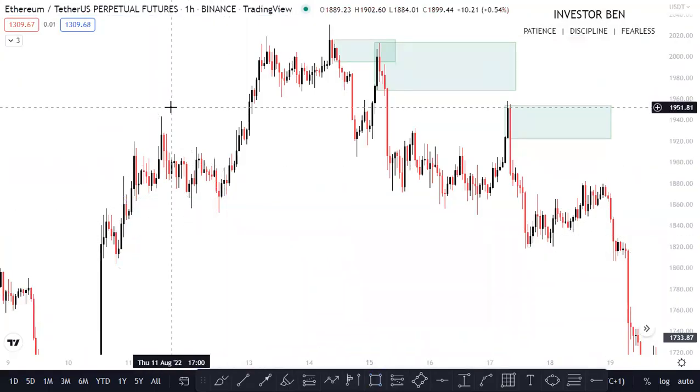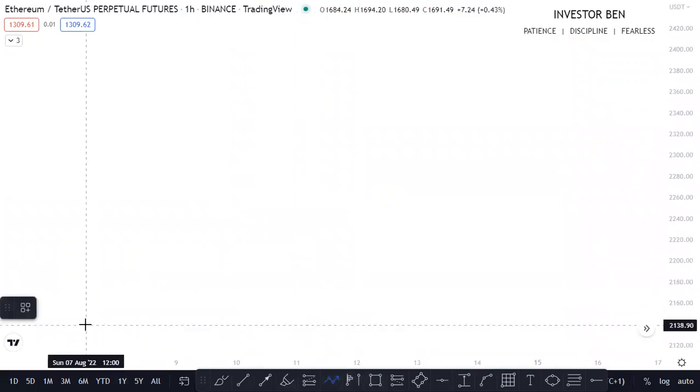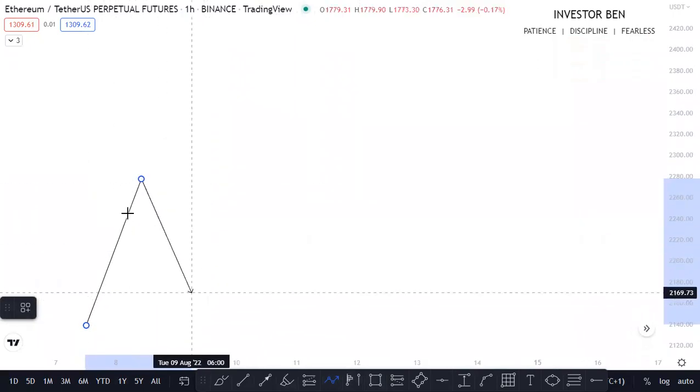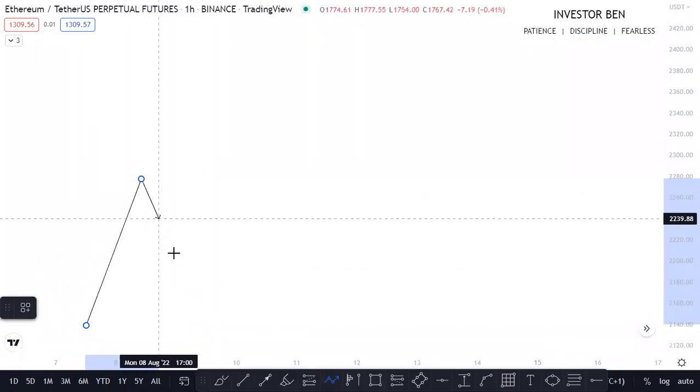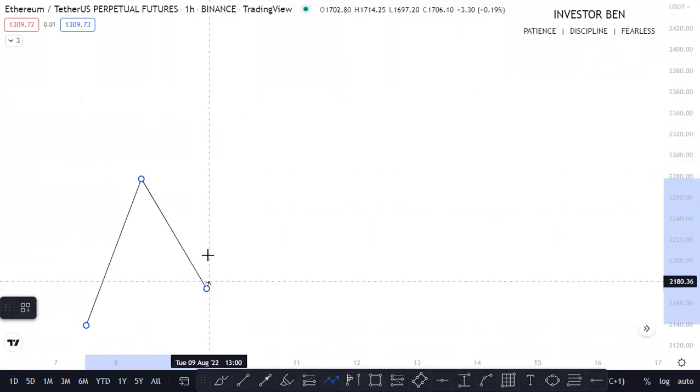Let me do a recap for you one more time. We are in an uptrend, and we started reversing. Before we go up, we are in a minor downtrend. Before we go up, an order block will be formed at this bottom.